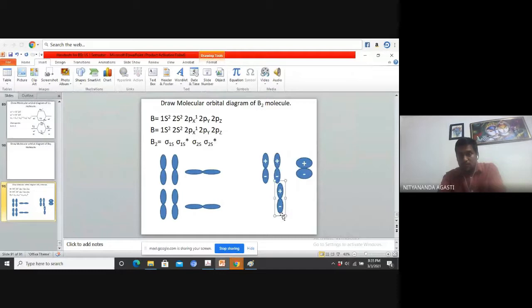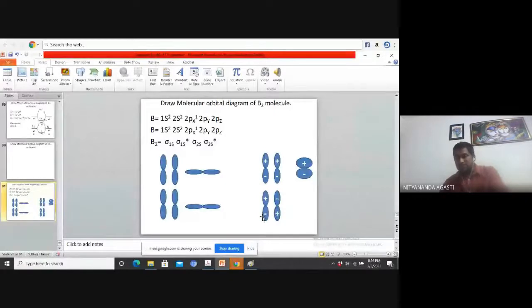Let's say we are talking about symmetric combination. Now this is one I want to draw. Look at this, what I mean by symmetric combination. This is what I will do, and then I'll leave. Look at this. One orbital is plus minus, another is minus plus. Not the same symmetry.